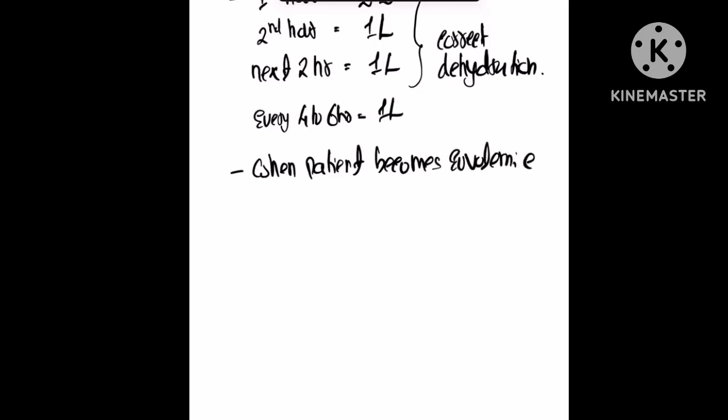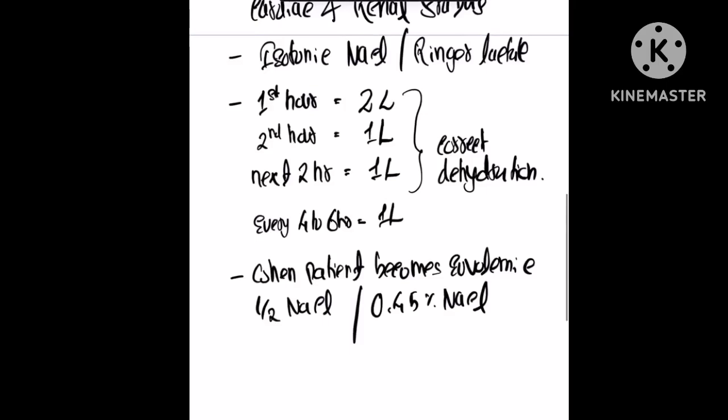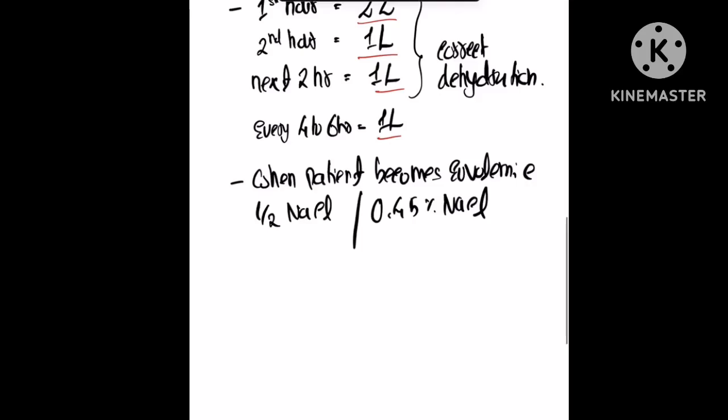You start giving half NaCl, which is also known as 0.45% sodium chloride, half normal NaCl. You do this since a large volume of fluid is being given. So what happens? The patient might land into a problem known as hypernatremia.